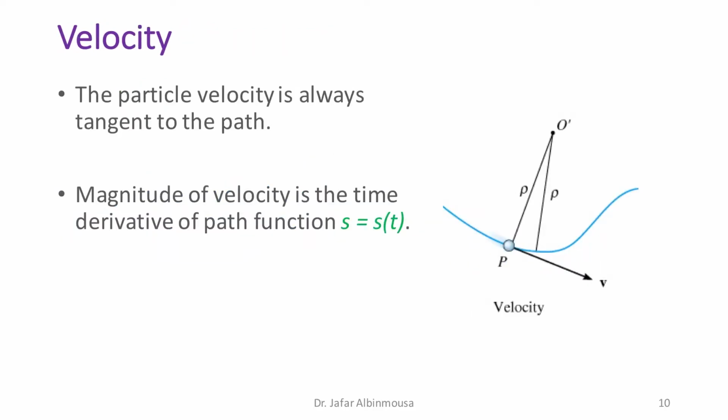Now, let's start characterizing the motion, and we will start with the velocity. Two things we need to know: the direction and the magnitude. For the direction, we know that velocity is always tangent to the path, so it will have a unit vector of ut.